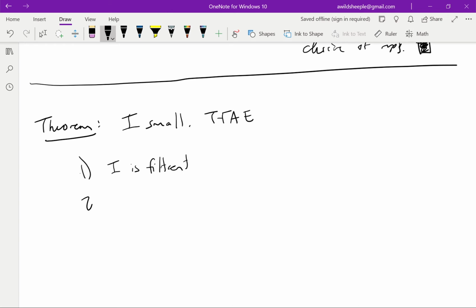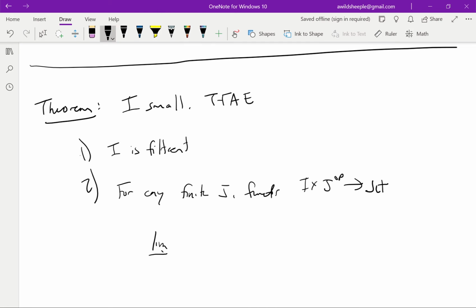And 2, for any finite j, and functor I cross j op to set, then the natural morphism, and let me make sure I get this right, first we have the limit going in over I, and then the limit going out over j of alpha ij, to now the limit out over j, limit in over I, alpha ij, is an isomorphism.